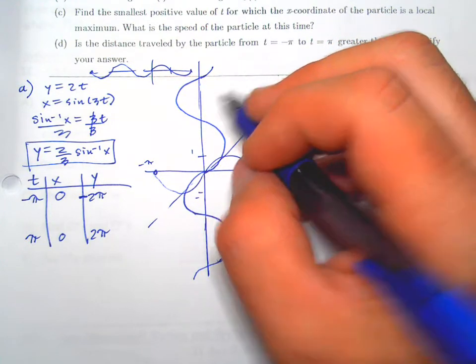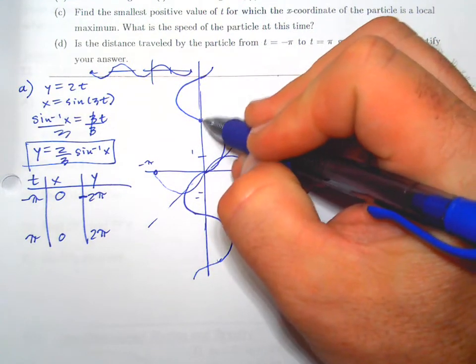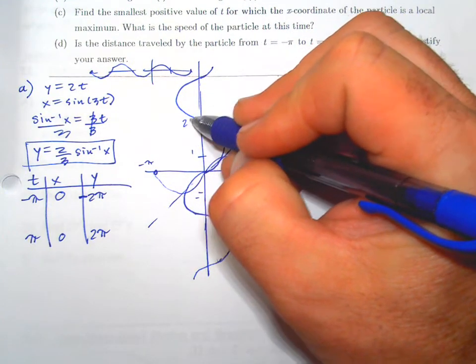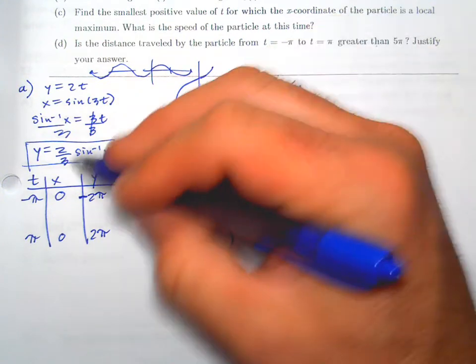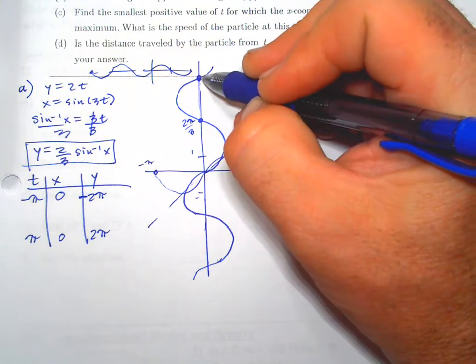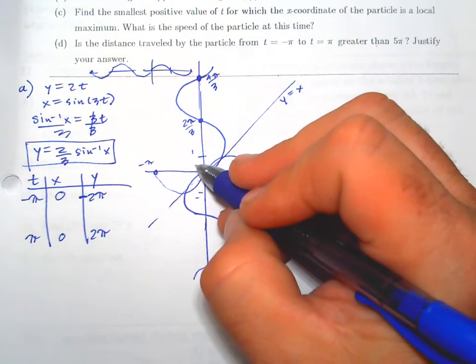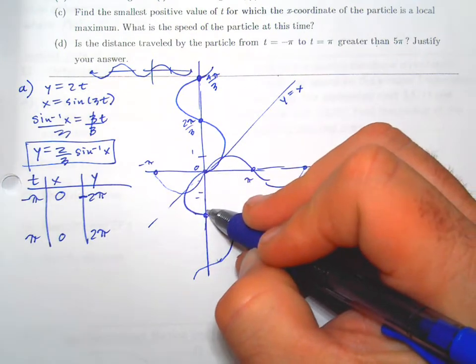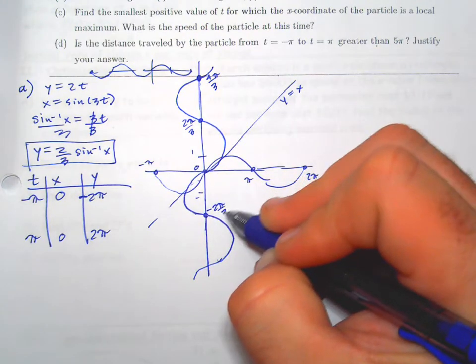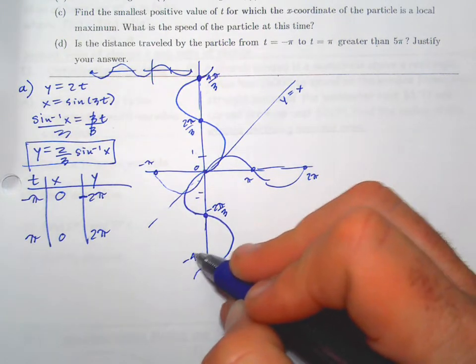Usually this is at pi, but now it's actually at 2 pi over 3 because of the extra 2/3 in front. And this would usually be 2 pi, but now it's 4 pi over 3. This is 0, and this would usually be negative pi, but it's negative 2 pi over 3. This would be negative 2 pi, and this would be negative 4 pi over 3.